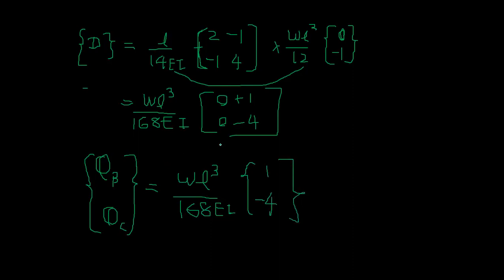This is correct, right? So theta B is positive, so that means theta B is actually in the clockwise direction, but theta C is negative. That means it is actually in the anti-clockwise direction. So we are correct, right?